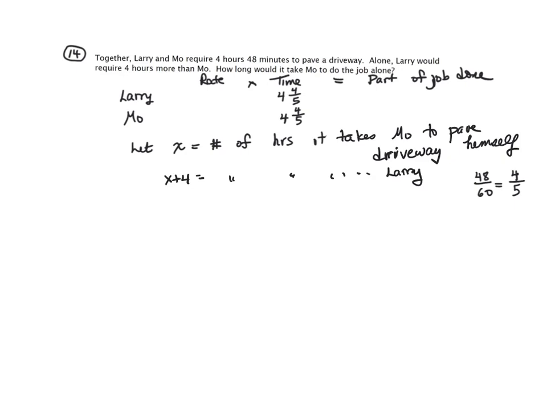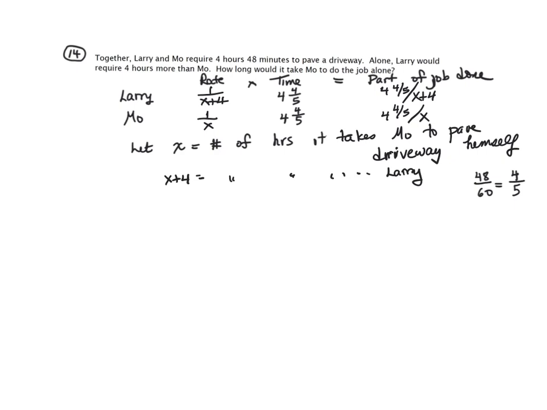So their respective rates would be 1 over x and 1 over x plus 4. So the part of the work done by Larry would be 4 and 4/5 divided by x plus 4. And the part of the work done by Mo would be 4 and 4/5 over x.